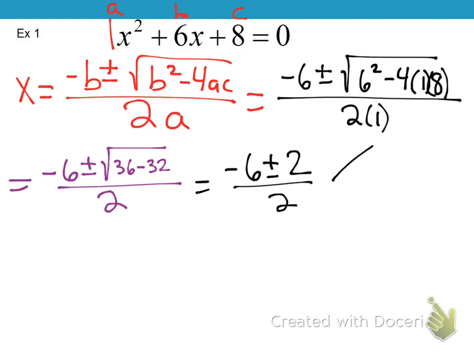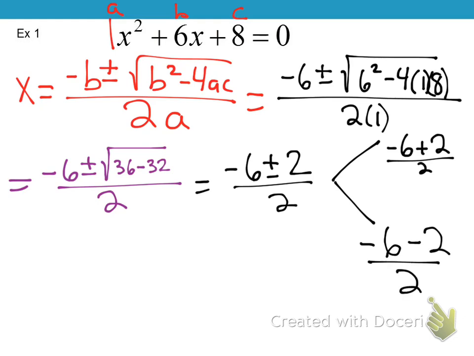So this is where I am going to branch it off. I have negative 6 plus 2 over 2. I also have negative 6 minus 2 over 2. What is negative 6 plus 2? Negative 4. And what's negative 4 divided by 2? Negative 2. So negative 2 is one of my solutions.